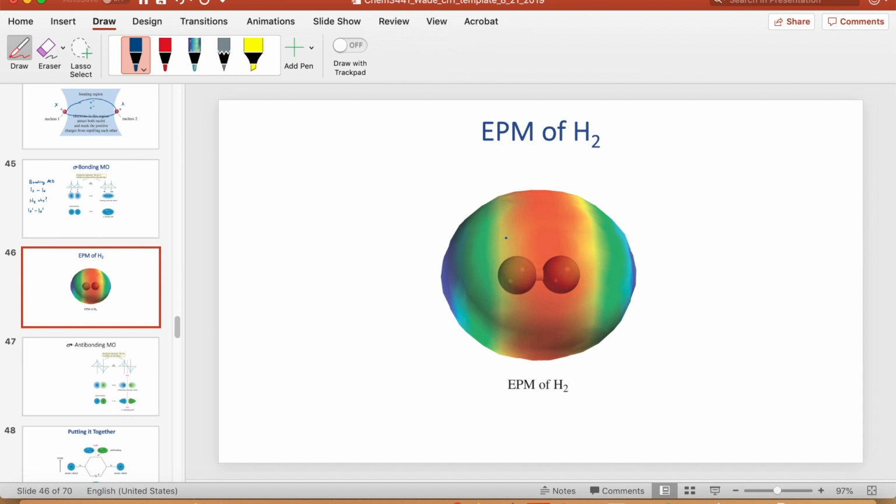And so we have each hydrogen that's sitting over here like so, and we have this area of red that's right in the center, right? Those are where we are looking at the area of electron density that's in there. So this is just a helpful little map that you can see, kind of like a heat map. And you're going to see these throughout organic also. And just remember that red is where electron density is.